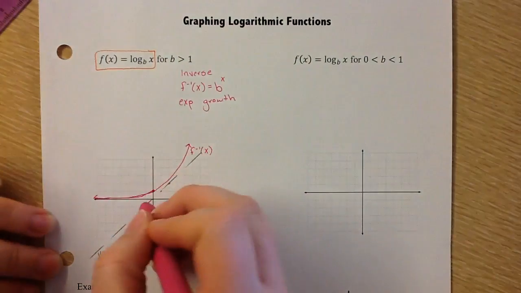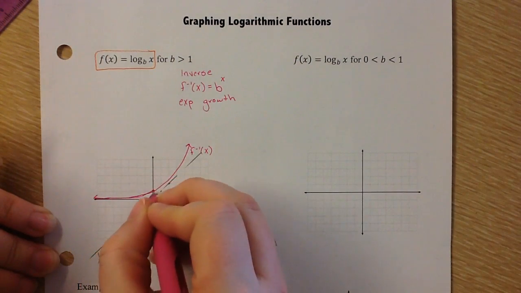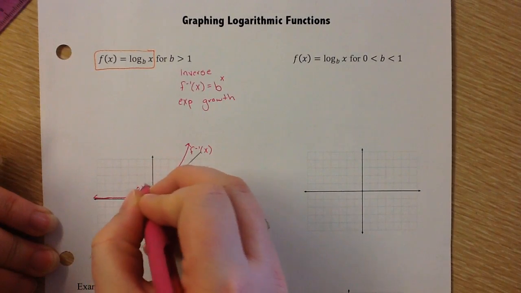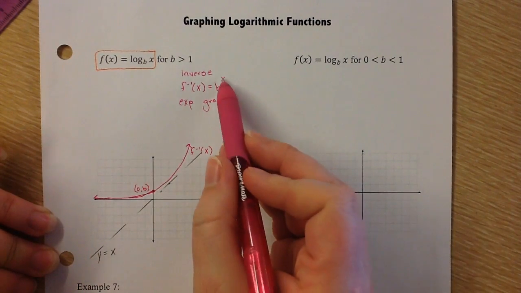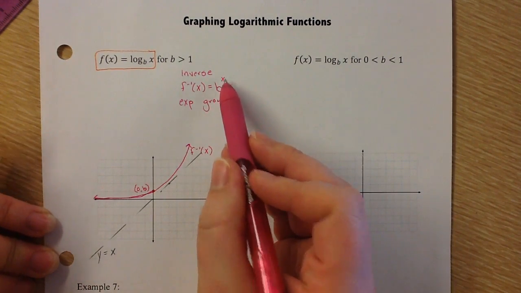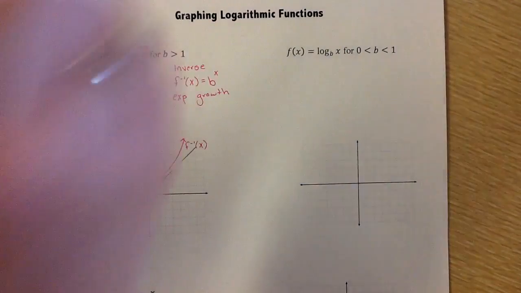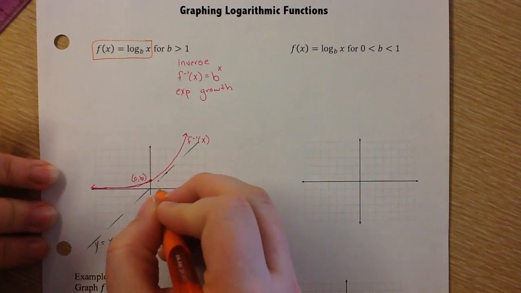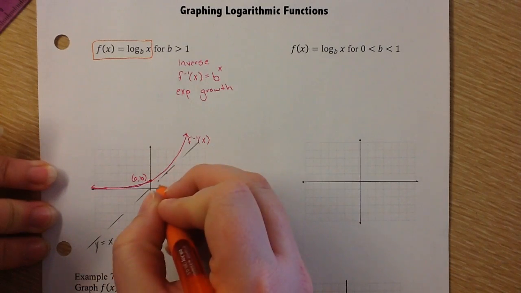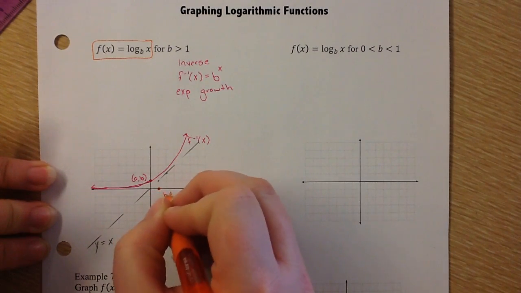Instead of going through the point (0, 1), if you put a 0 into this, b to the 0 is 1. So it's going to go through the point (1, 0).